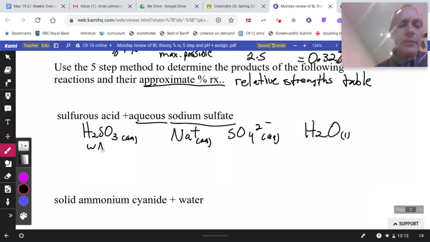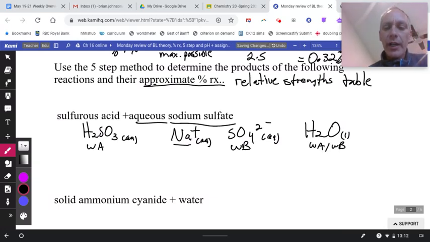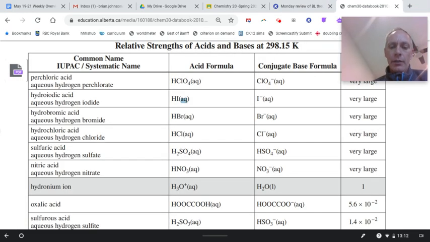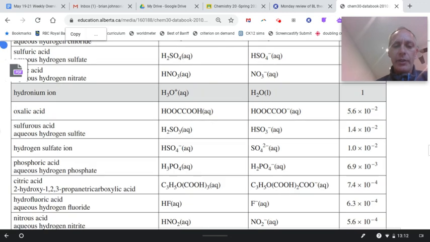We go look them up and discover weak acid, spectator ion does nothing, weak base, and water is both a weak acid and a weak base. So we have to go through and find the weakest acid and the weakest base and then react them. Okay, H2SO3, SO4 2 minus. H2SO3 is right there, so that's fairly strong as far as weak acids go.